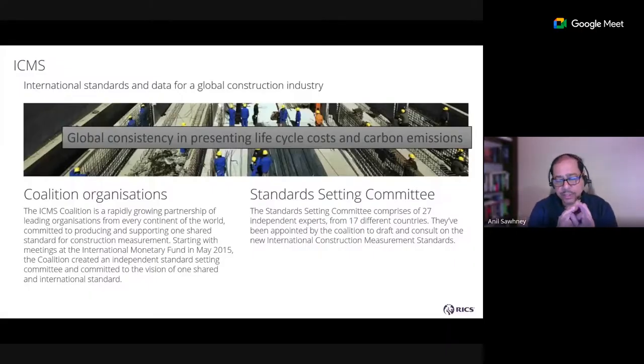It is the first standard globally available in which you can report carbon emissions and costs, life cycle costs, in an integrated fashion. Why? Because it's going to be very hard to reduce carbon emissions and improve environmental performance of our projects and assets without keeping an eye on the costs.